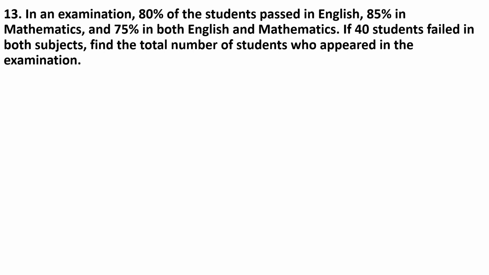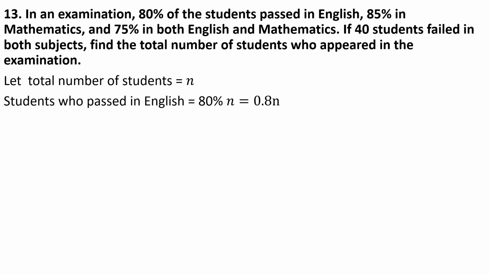Okay. So let us take the number of students who appeared in the exam as n. Now in this n, 80% students passed in English. So the number of students who passed in English will be 80% of n, that is 80 by 100 of n, or 0.8n.